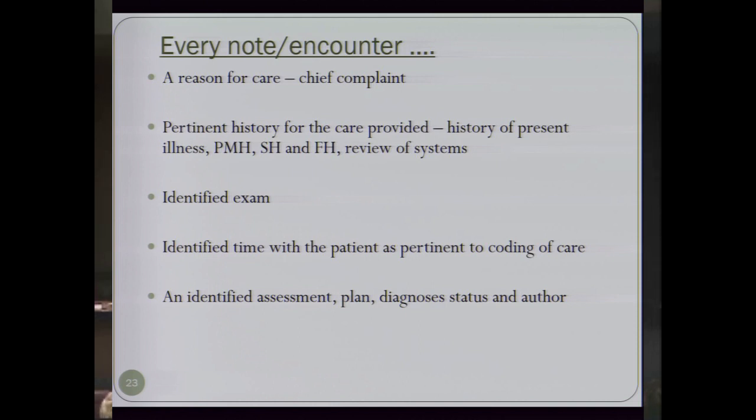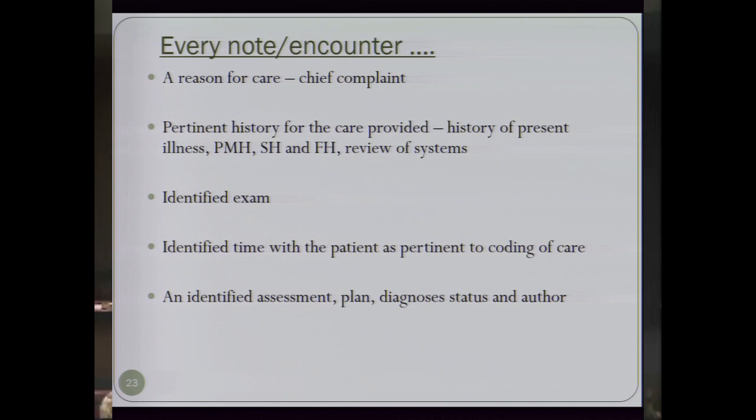therapy today. Pertinent history of what's going on, whether it's a history of present illness or interval history, that is whatever is happening today. Some identified exam. It does not always have to be vitals, though many of you with electronic medical records do vitals because that's part of what you're doing for quality improvement measures.